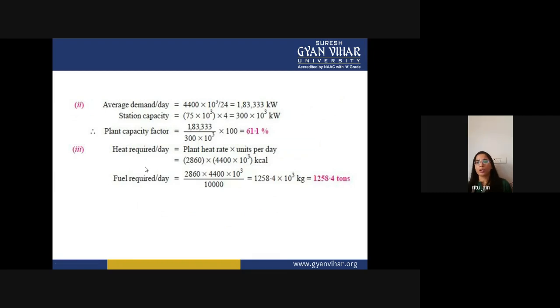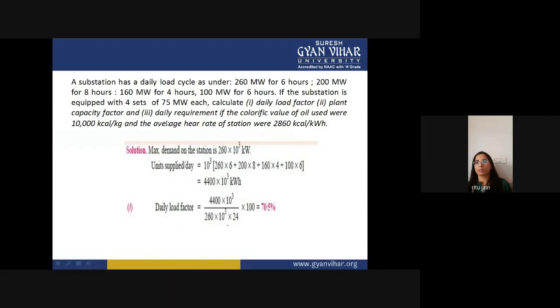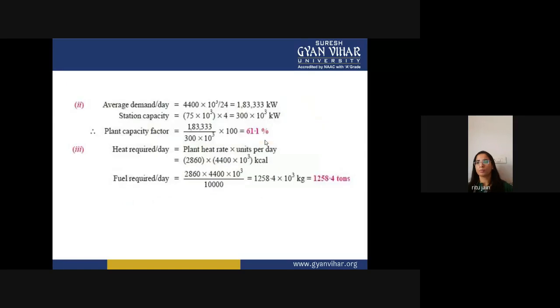Now, the next point is the heat required per day. The heat required per day can be calculated as the calorific value is also given. This is equal to 2860 into 4,400 into 10 to the power 3, which is the average load, and 2860 is the plant heat rate.